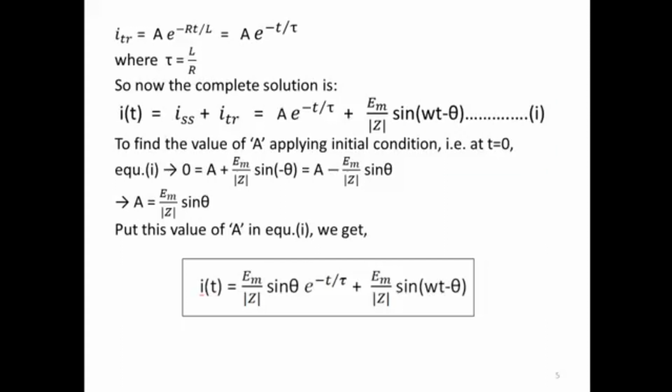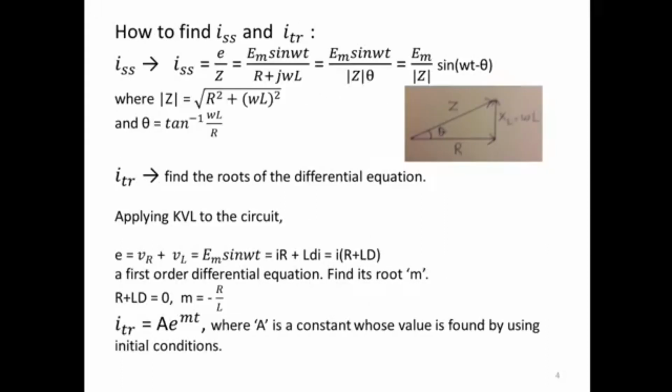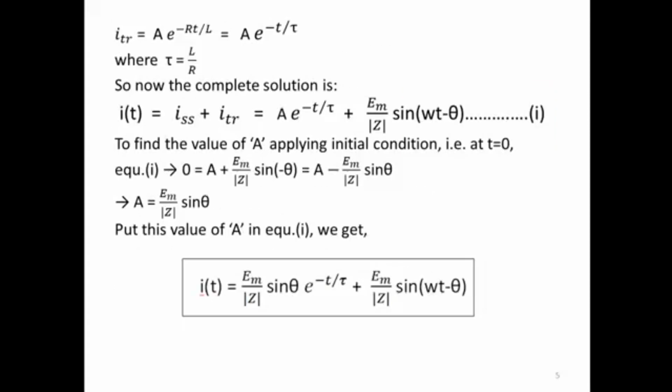Now in the previous slide, you have found the value of m is equal to minus R upon L. If you put this value of m in this equation, what you will get is A e to the power minus Rt upon L. Now here we can introduce a new parameter which I have defined before, the time constant tau, which is equal to L upon R. So i_tr can be written as A into e to the power minus t upon tau.